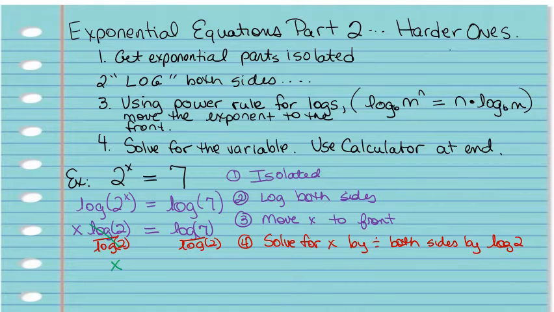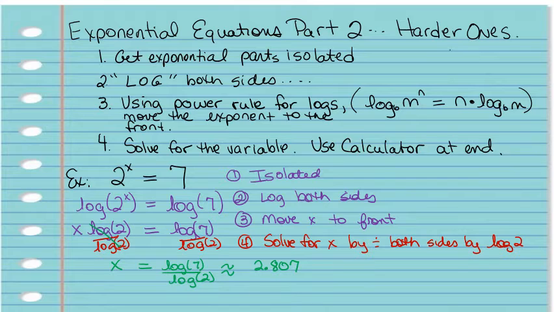That cancels. I'm left with x. And then this log 7 over log 2, I'm going to put in my calculator and I'm going to get an approximation. And be very careful. Make sure that you can get this decimal in your calculator, or else you may be doing something wrong in the way you type it in.